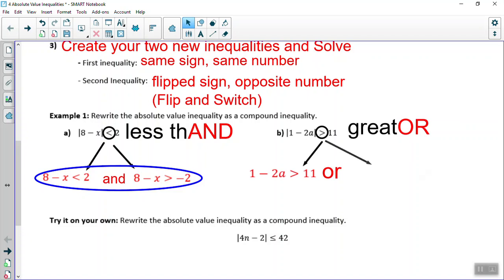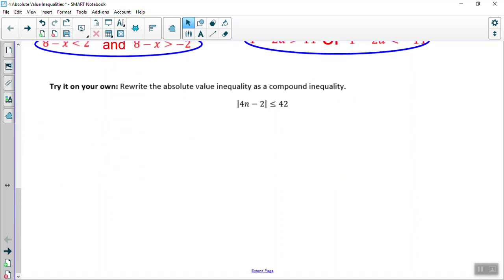And now we can do the second one, where we're going to flip and switch. So we keep the first part the same, and then we flip the sign and switch the number to its opposite. And that's it for this part right now. All right, so I want you to do that with this one here. Try on your own. Go ahead and pause the video now.